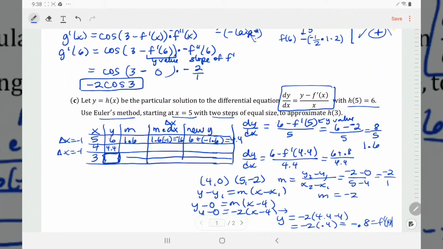Okay, and then that's 17 over 11 times -1, which is -17 over 11. So it would be 4.4 minus 17 over 11, which I can do on my calculator. 4.4 minus 17 over 11 is 2.8545. Okay, so 2.854554. I could change that into a fraction. Okay, which is 157 over 55.